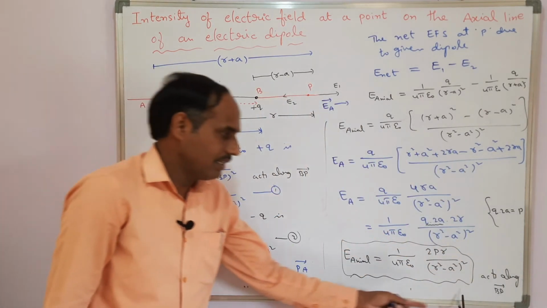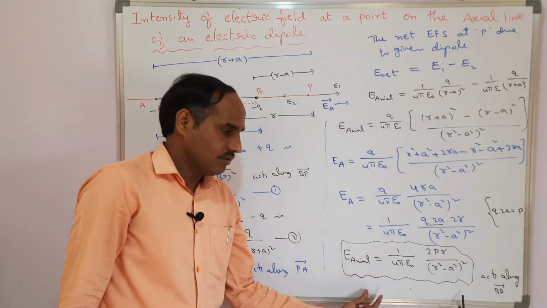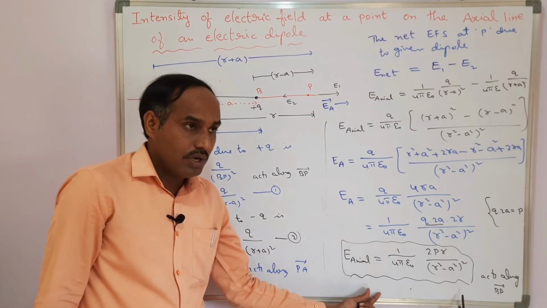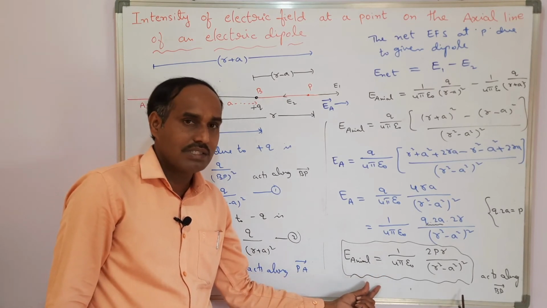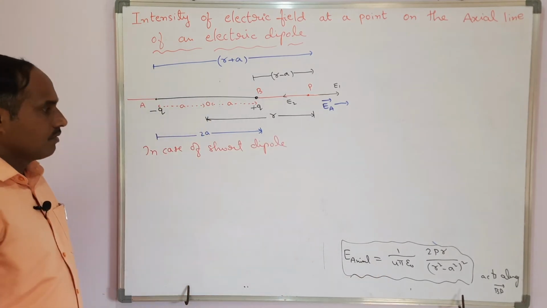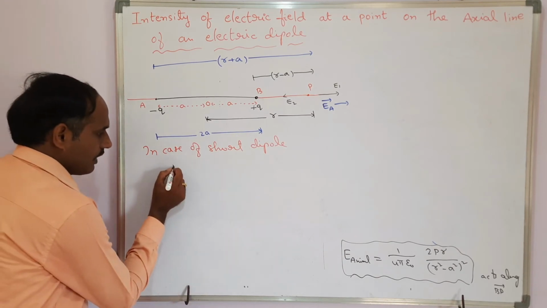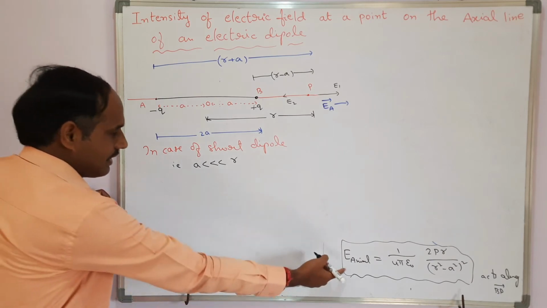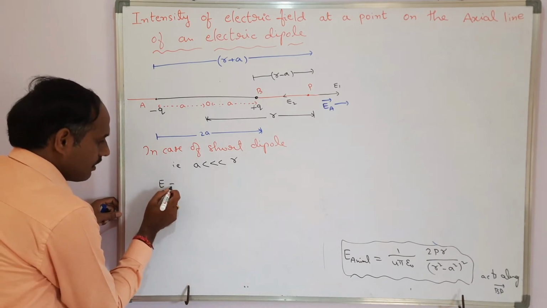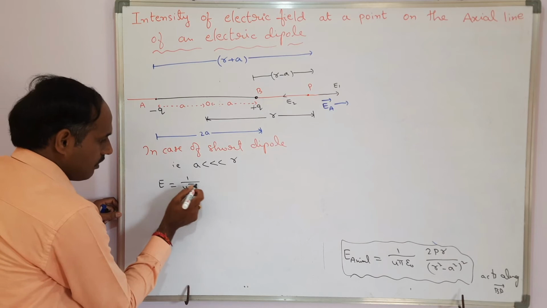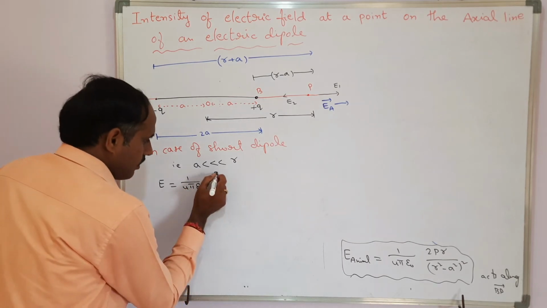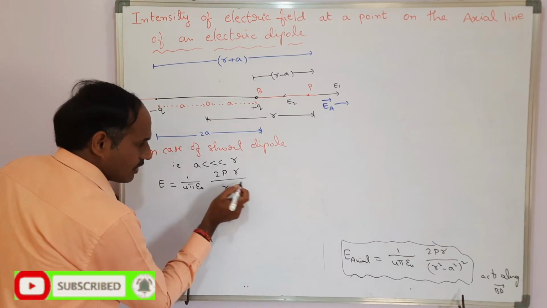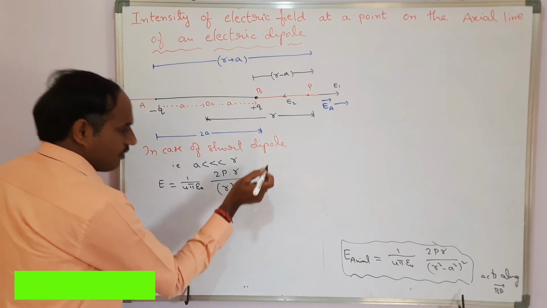This is the way we get the magnitude and direction of the electric field strength on the axis of the dipole. Now we are going to write the same expression for electric field strength due to a short dipole. In case of a short dipole, that is, when a is very much less than r, this expression becomes E equal to 1 by 4 pi epsilon naught into 2pr upon, a being negligible, (r square) whole square, which is r power 4.